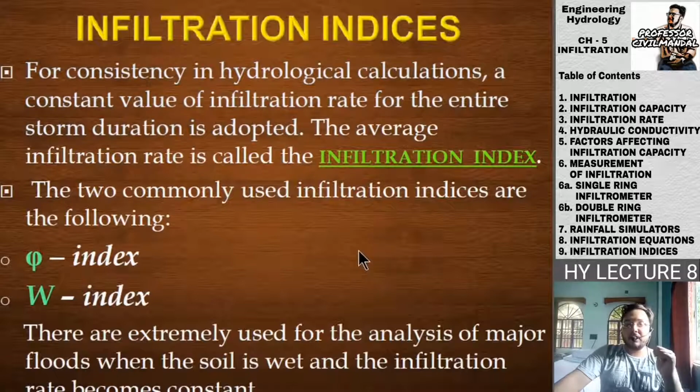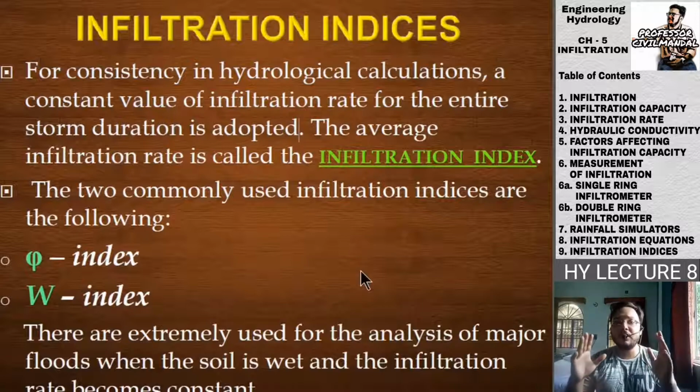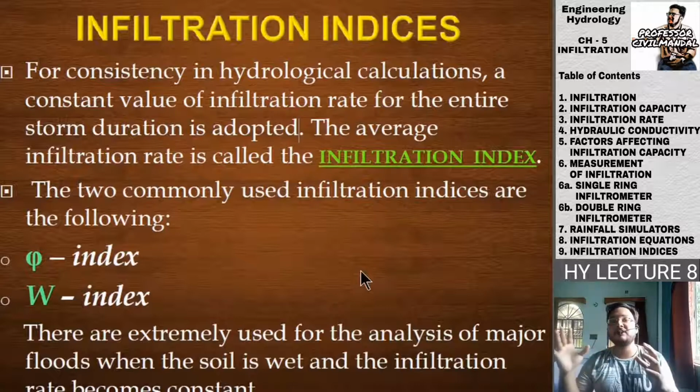In a particular storm, the rainfall intensity is not the same all the time, right? Whenever a storm or any rainfall is happening, the intensity is not always the same. Sometimes it increases, sometimes it lessens, sometimes it remains constant for a particular period of time. It varies in many ways.